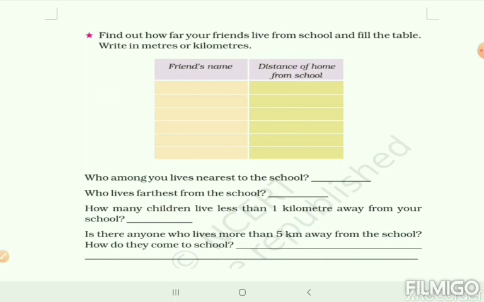Okay, so let's take an example. You can find from your friends how far they live and then you can put their name. So I'm just giving you an example.